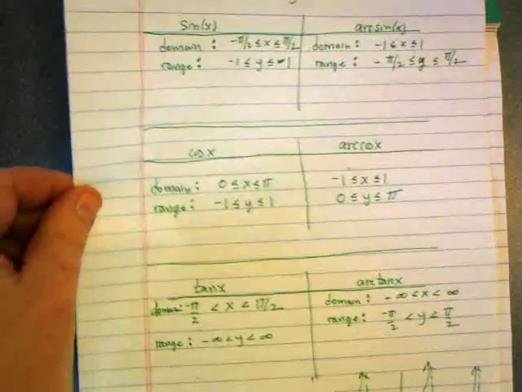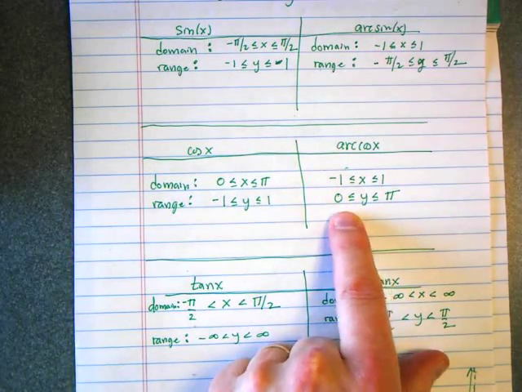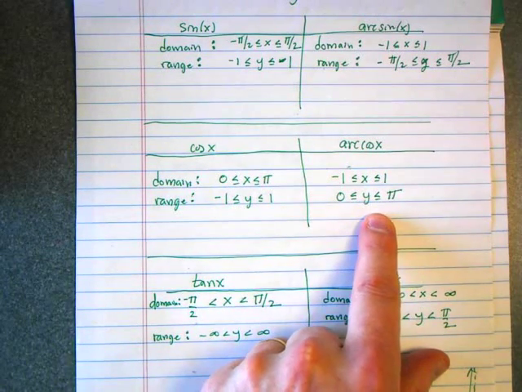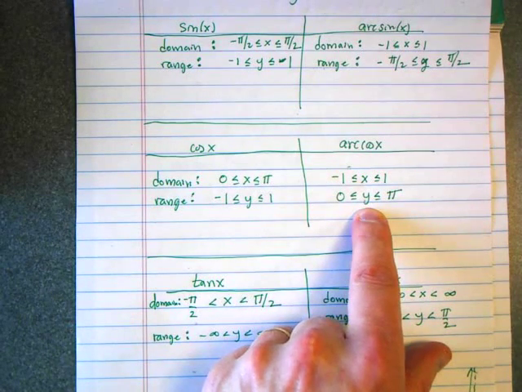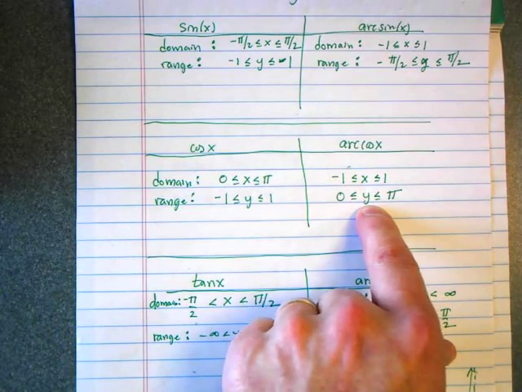When I'm dealing with arc cosine, can I ever get a negative answer? No, I cannot get a negative answer. So the pi over 3 part of your answer is correct, but negative pi over 3 is in the wrong quadrant. Negative pi over 3 is in quadrant 4, and cosine is positive in quadrant number 4.